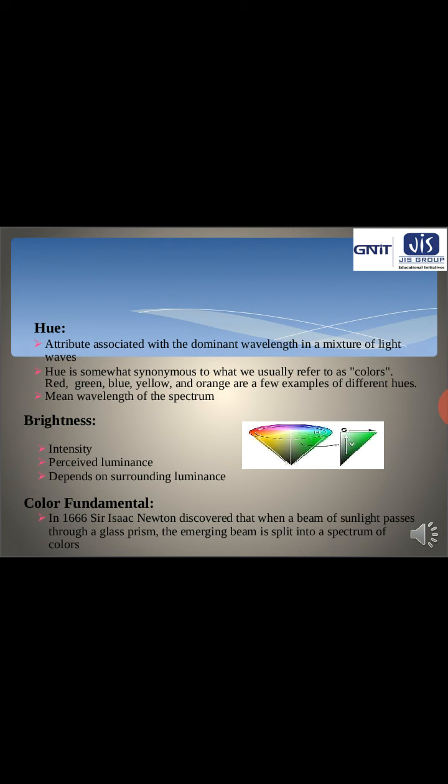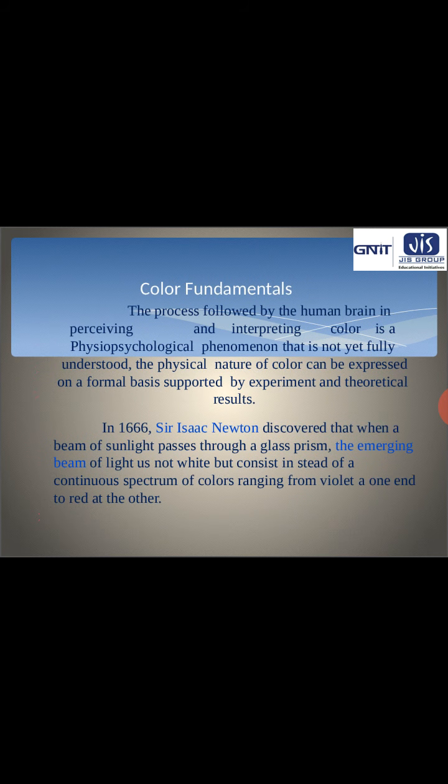Now if we move forward to the color fundamentals, in 1666 Sir Isaac Newton discovered that when a beam of sunlight passes through a glass prism, the emerging beam is split into a spectrum of colors, which is described again in the next slide.